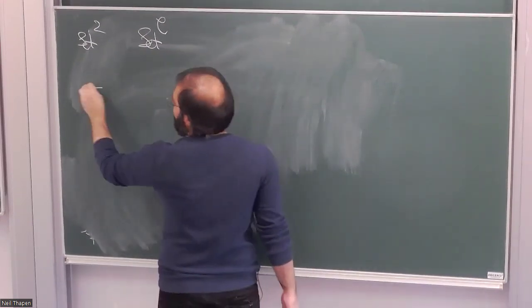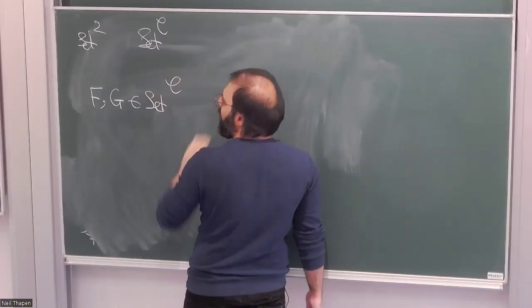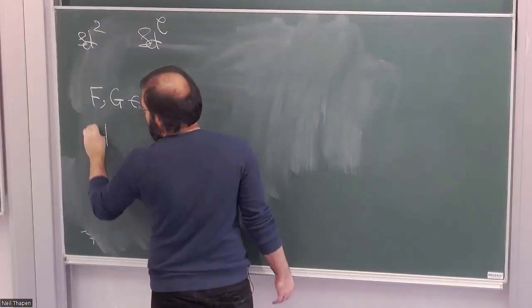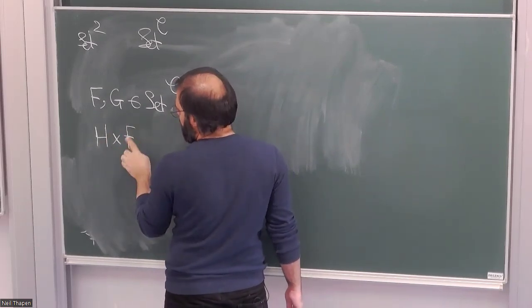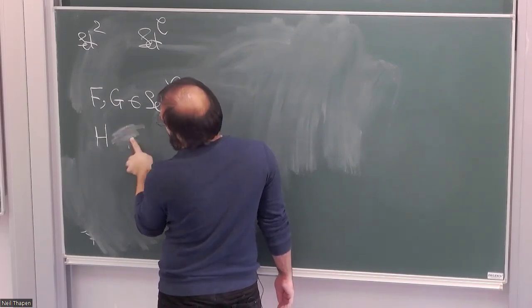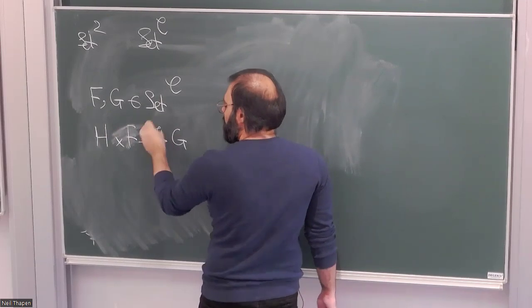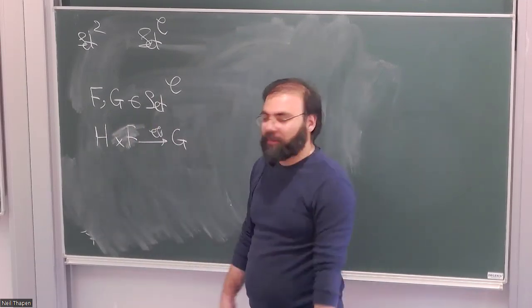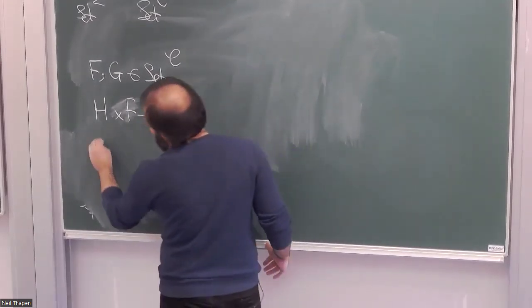So I have F and G in this category, and I need some H as the exponentiation and some map, as my evaluation, such that it is the best, and so on. So, let's first define H.